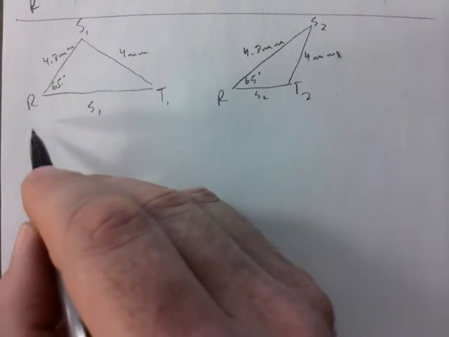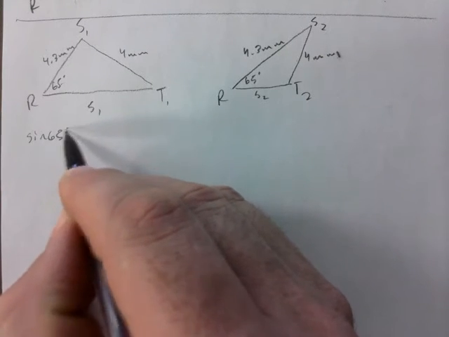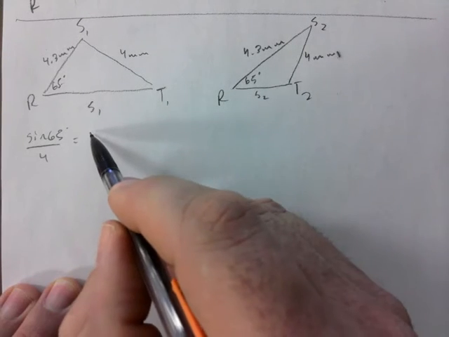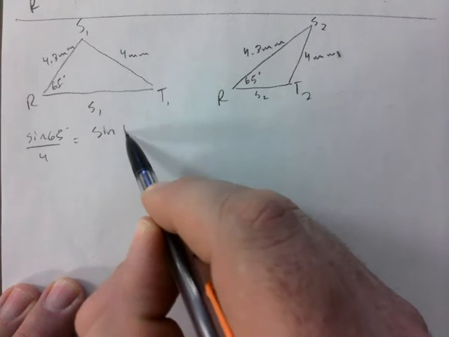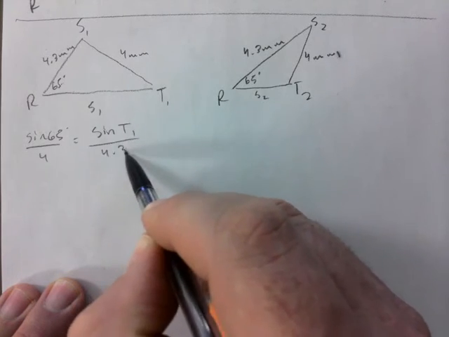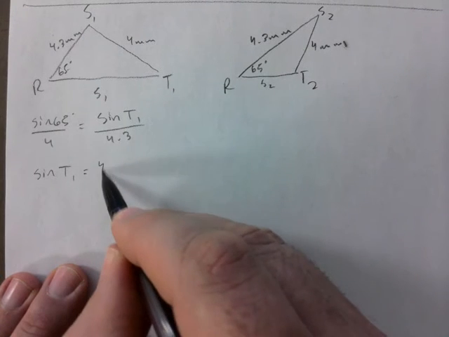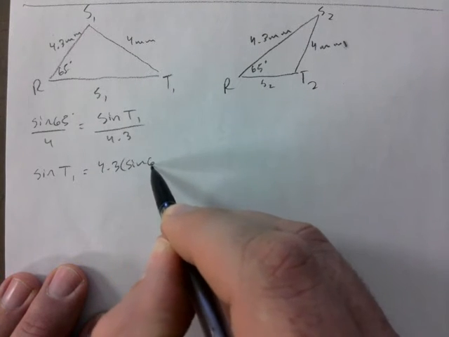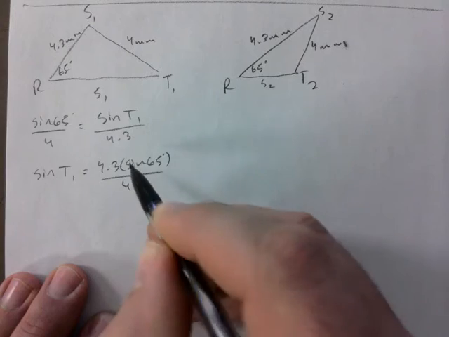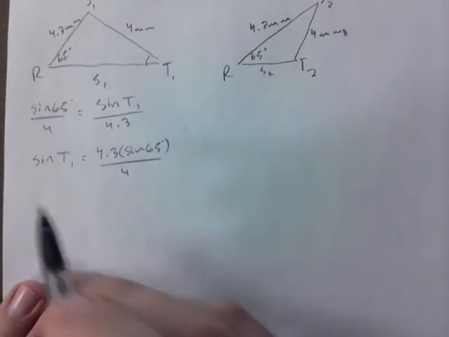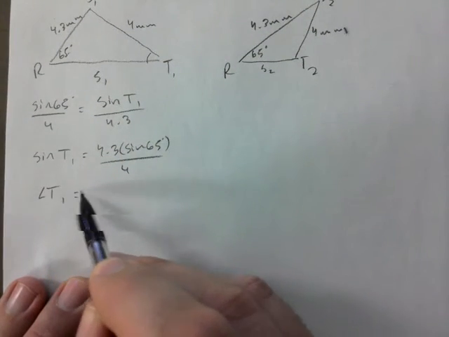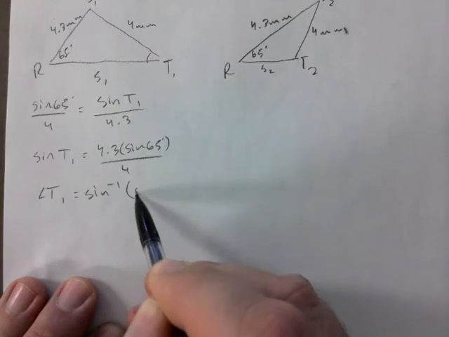So I start with this. Okay, so sine of 65. I may skip some of the steps, right, that I would like you to do. Sine of T1 over 4.3. Sine of T1 is 4.3 times sine of 65. We're finding this angle here, right? So angle T1 is sine inverse of 0 point.